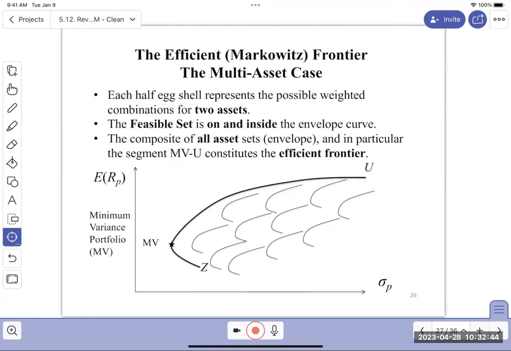Okay, so these are two at a time. What I have here are two assets at a time, on the same return and risk space.